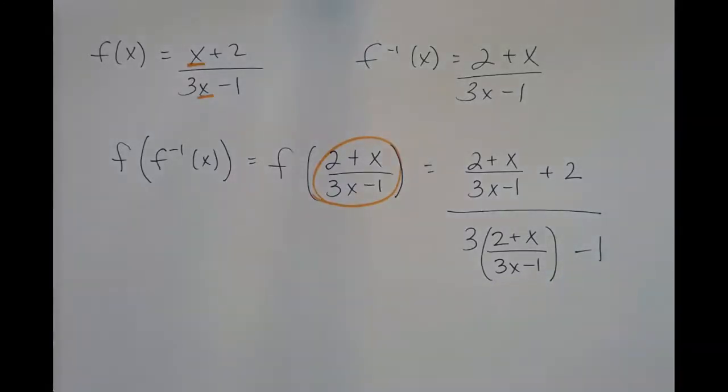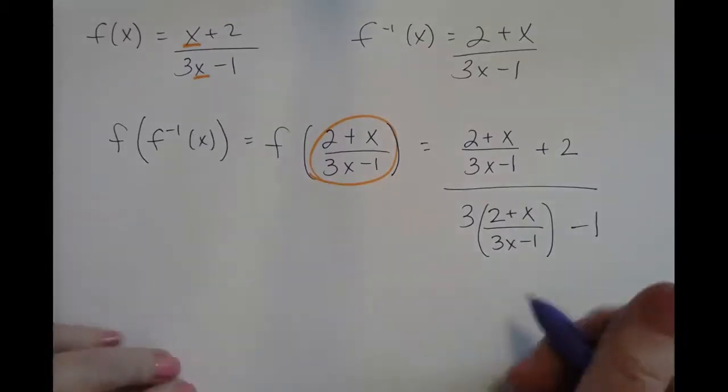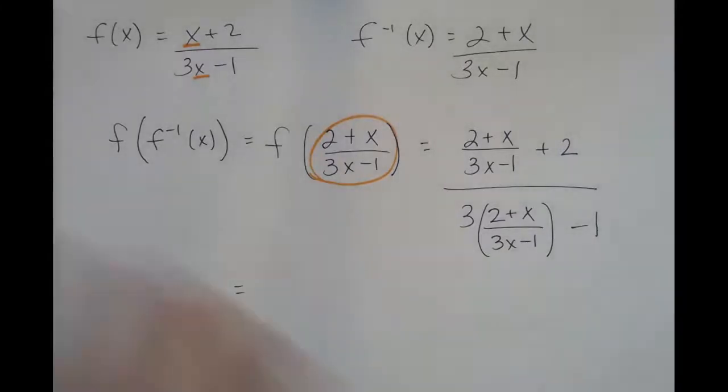And this is why we learned about rational expressions back in the P chapter in chapter 1. Because now we need a common denominator and we need to combine like terms. So here goes. So my common denominator, of course, is 3x minus 1.